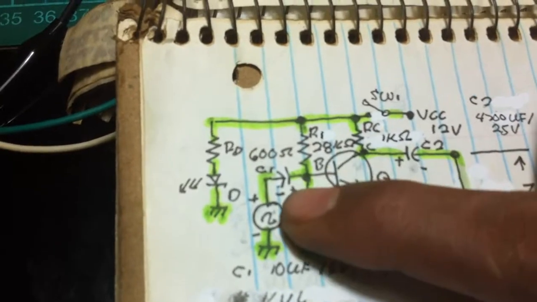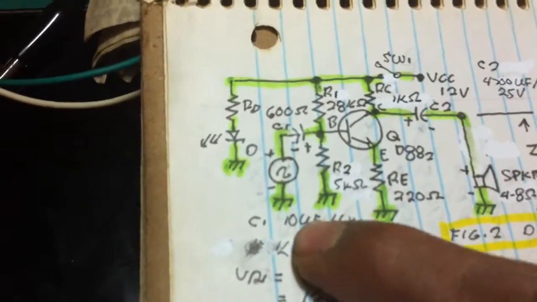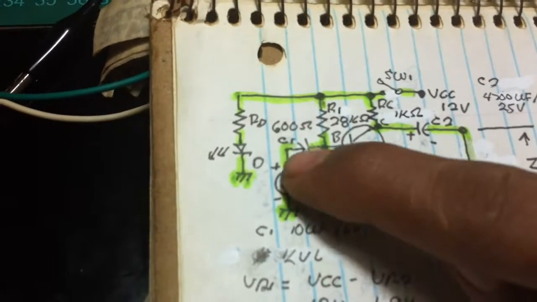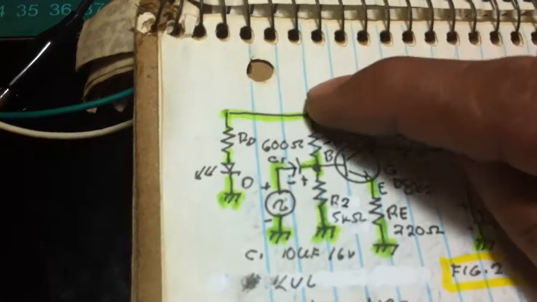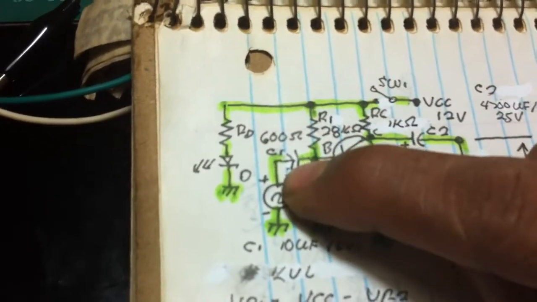In here, this is an arbitrarily chosen value for the capacitor. I'm using 10 microfarad 16 volts for the AC coupling, because during the DC signal analysis, this capacitor is open.